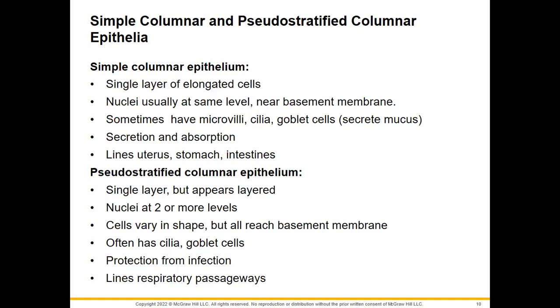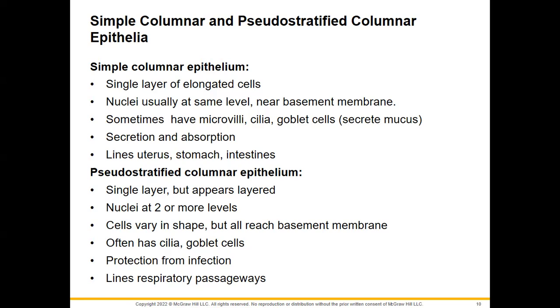Remember that these cells are going to be lining surfaces like the digestive system, like your nasal passages. And these are going to be surfaces that are open to the outside, and they're going to have a lot of movement in and out of those structures. So the goblet cell is secreting mucus to help to protect those cells so that they are not getting infected, so that they don't get dried out, so that they're able to do what they need to do.